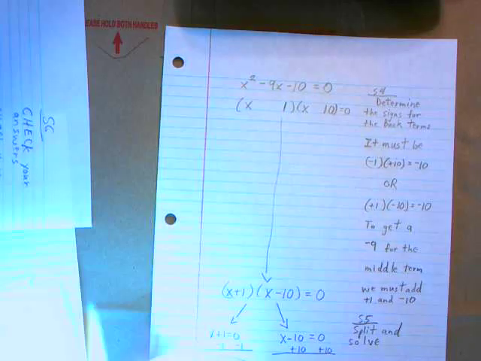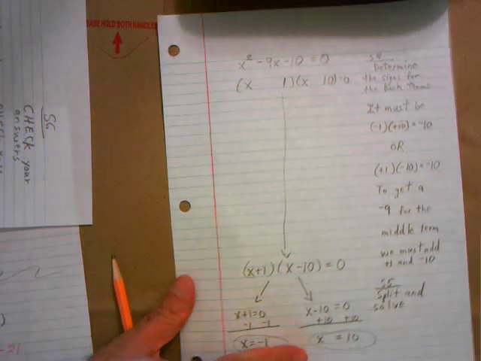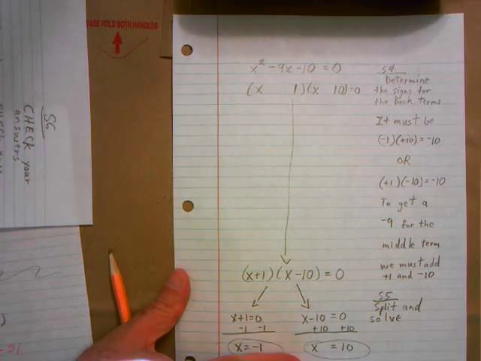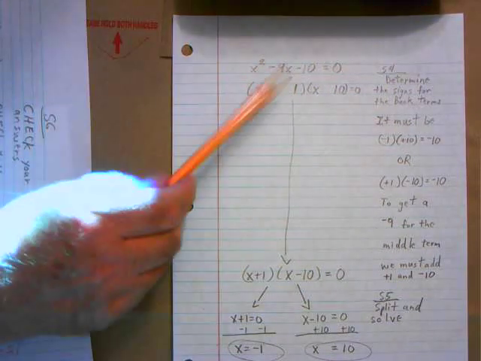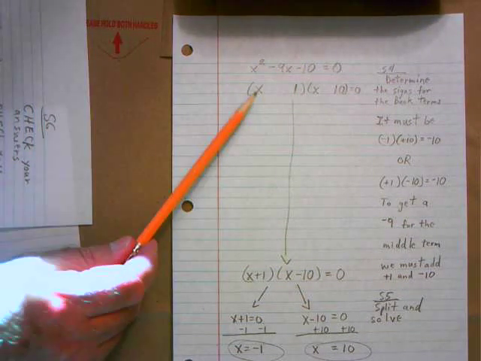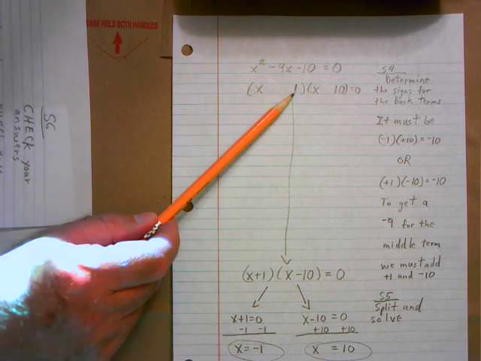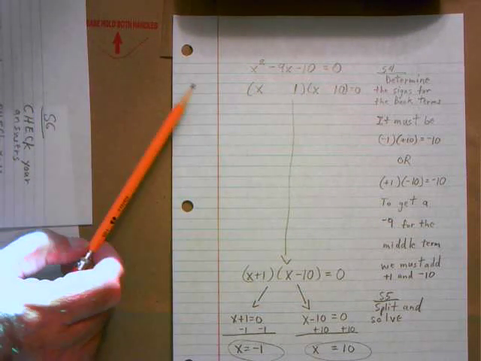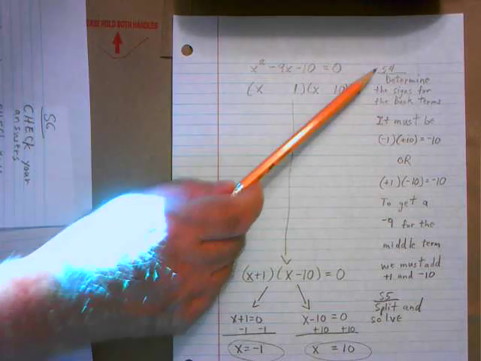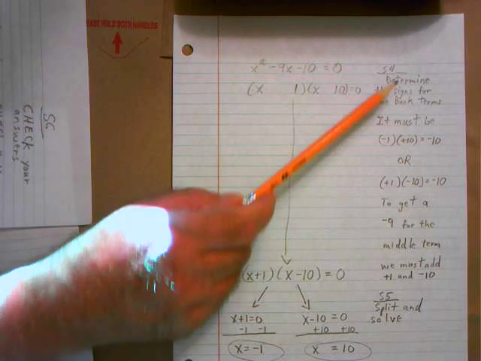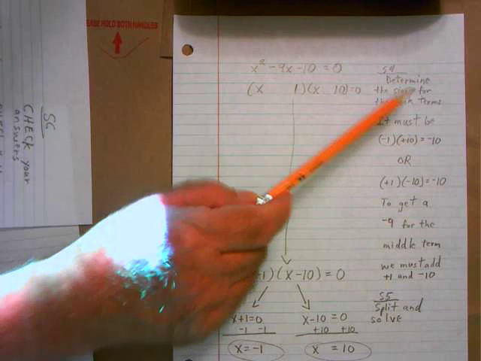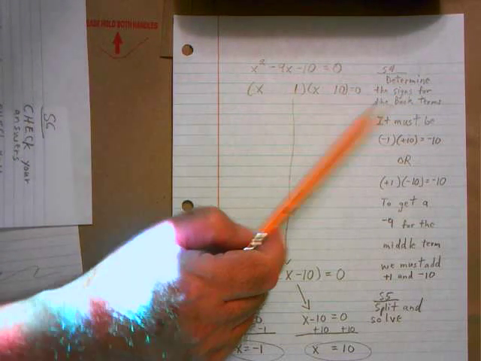Step 4. Let's look. So we have x squared minus 9x minus 10 equals 0. We have x and x as our front terms. We have 1 and 10 as our back terms. And now here in step 4, we have to determine the signs for the back terms.